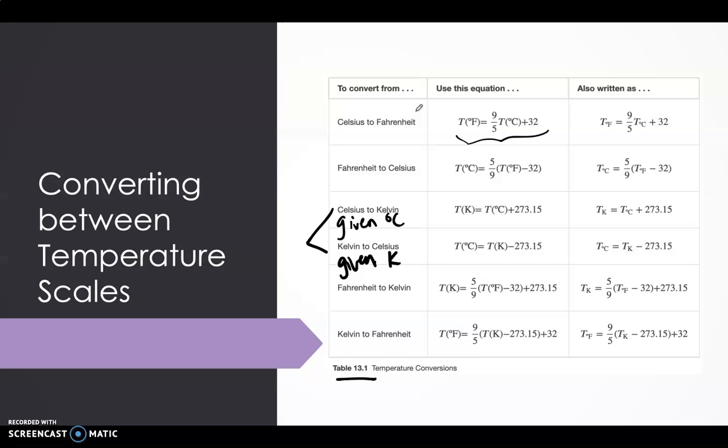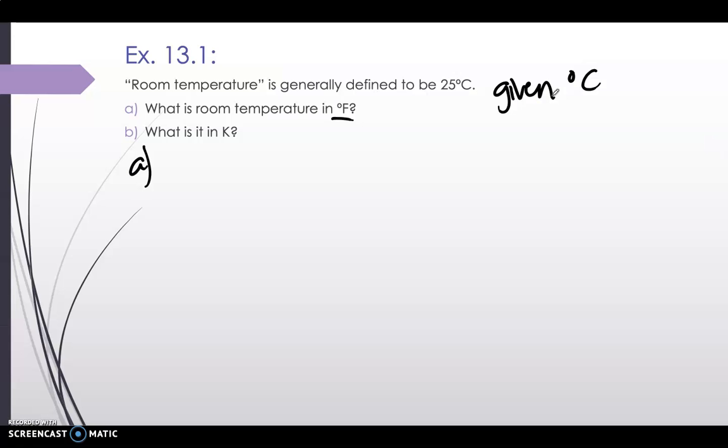So Celsius to Fahrenheit. Okay, that's going to be this first one here. So we have temperature in degrees Fahrenheit equals 9/5 times our temperature in degrees Celsius, which was given, plus 32. Okay, so this is our conversion.